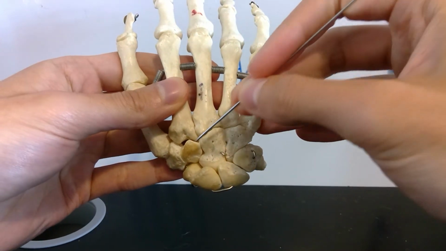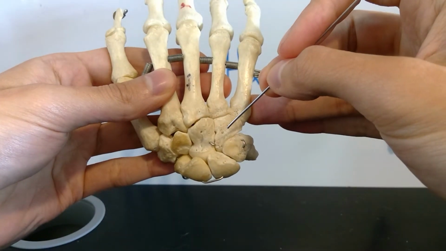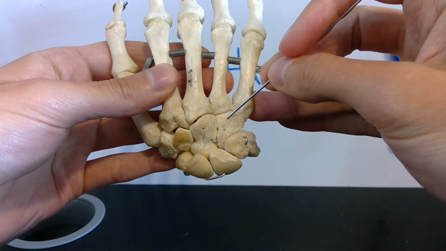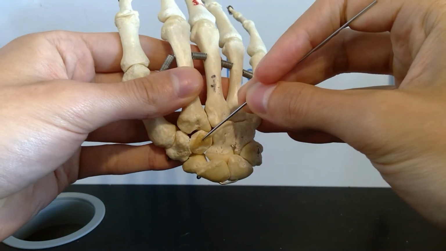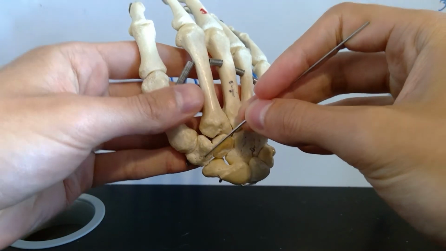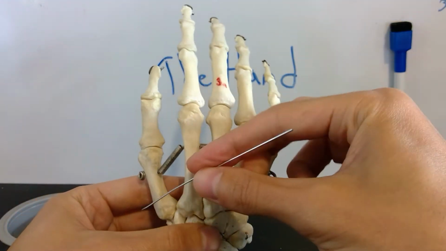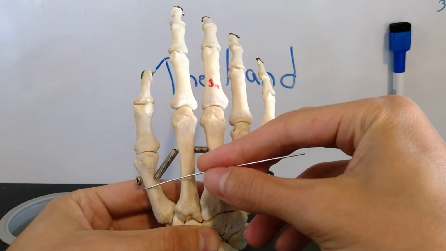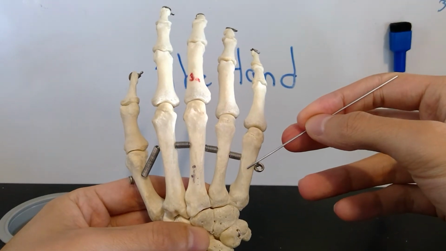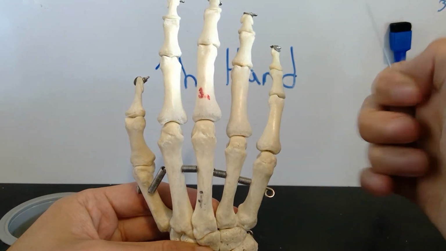In the distal row, we have the trapezium, the trapezoid, capitate, and then the hamate bone. And then once again, we have our metacarpals from 1 to 5, and then we have our phalanges.